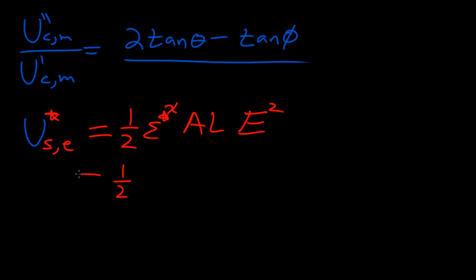And expanding this form a little bit, we get epsilon prime under x minus i epsilon double prime x AL squared.